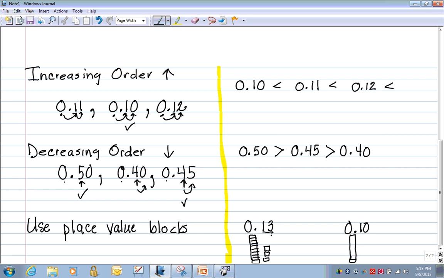And I will do 1, 2, 3, 4, 5, 6, 7, 8, 9, 10. I see that the 0.13 or 13 hundredths is greater number, so I'm going to put my 2 dots, then 1/10. Push pause to write notes.